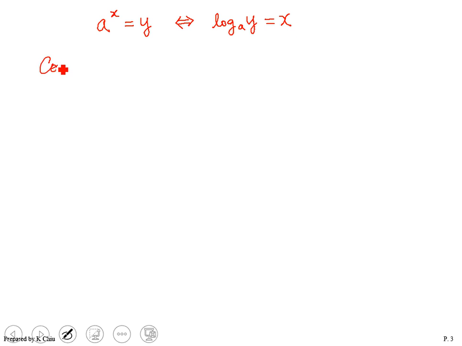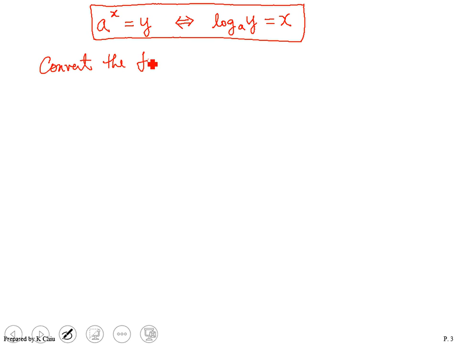Can we convert the following to log form?